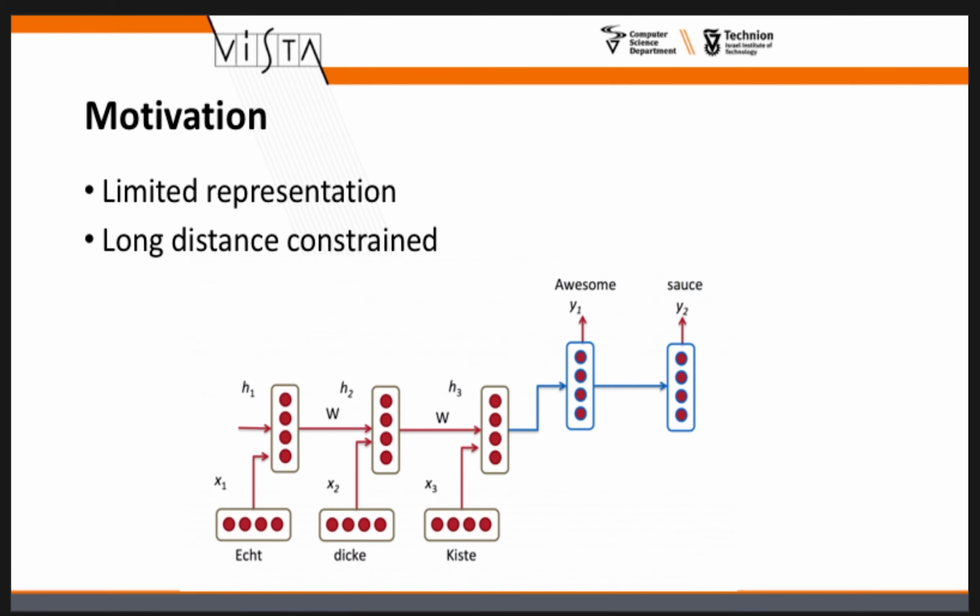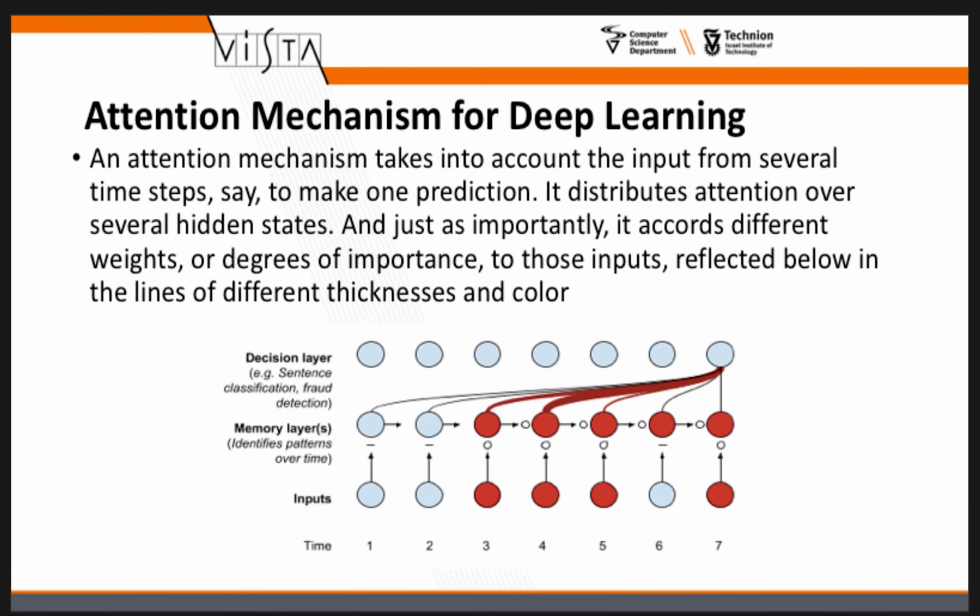I want to show you the attention mechanism, and it will be the last for today. So why we need the attention mechanism and how it works. Attention mechanism is when we take into account several time steps of our input, not only one, but several.